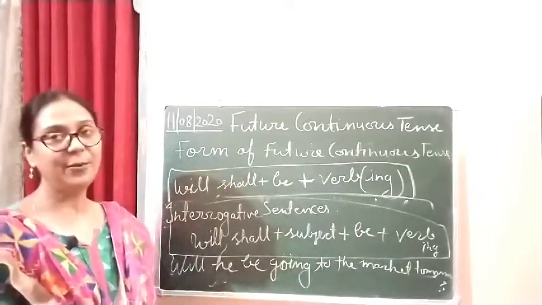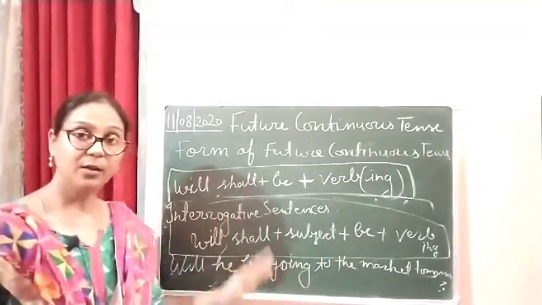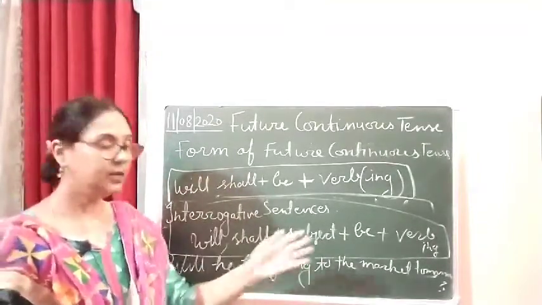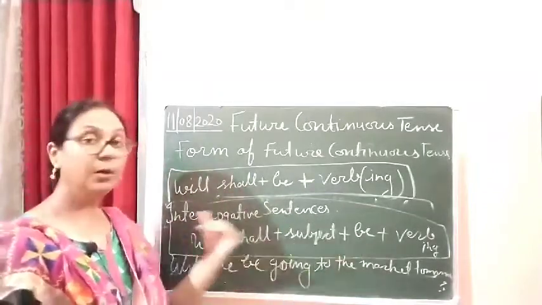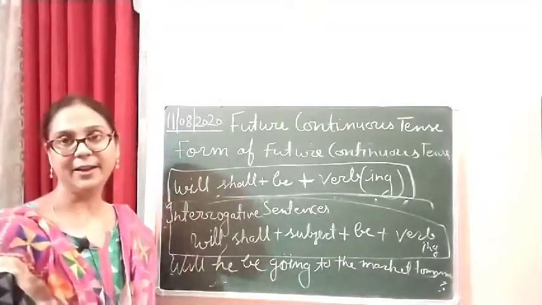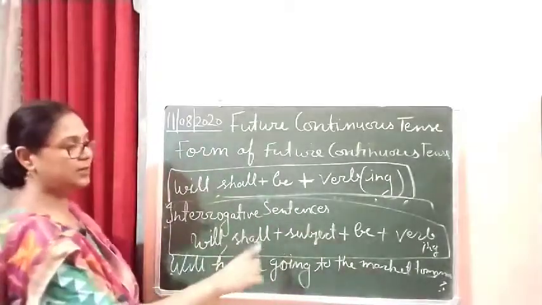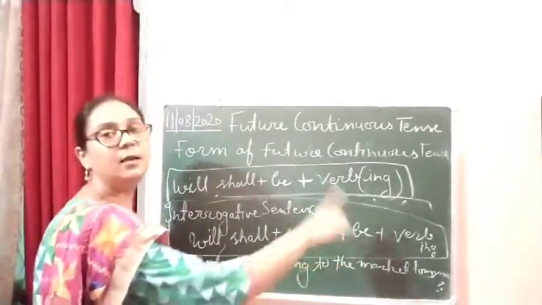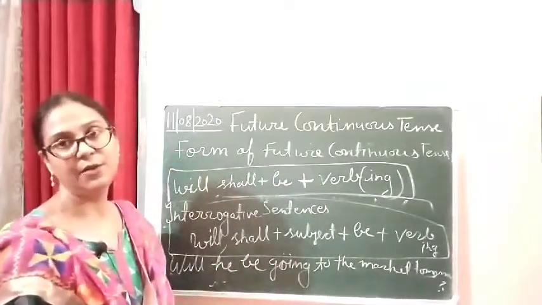This formula you have to learn, because it is very important. Sometimes we just place be here or we just place the verb here, so that becomes incorrect. So learn this formula: will or shall plus subject, then be, then verb, and then the other words of the sentence.